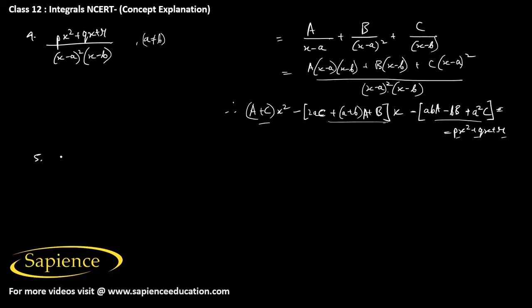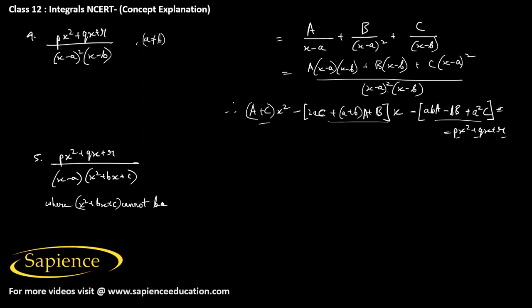Then the fifth one is that suppose we have Px square plus Qx plus R divided by (x minus A) into (x square plus bx plus c), where this x square plus bx plus c cannot be factorized further into linear factors.